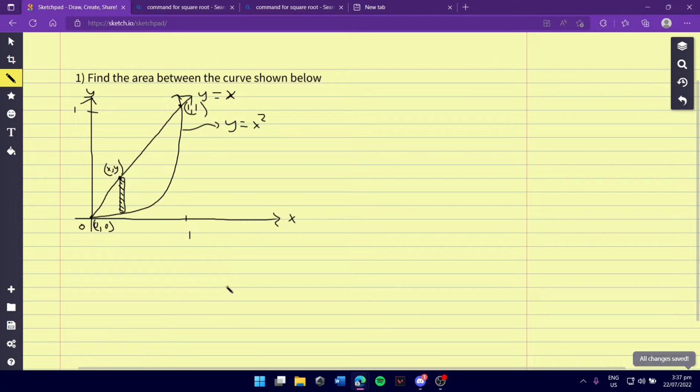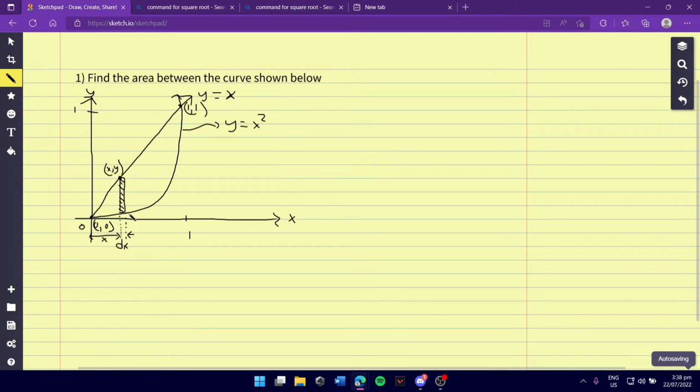Next, we will plot for our x and y's. So from the origin to the point here, we call this your x. From the origin to your vertical strip is your x. And the width is your dx.